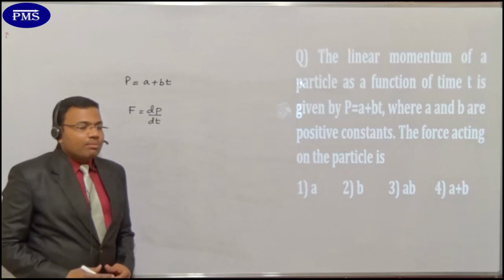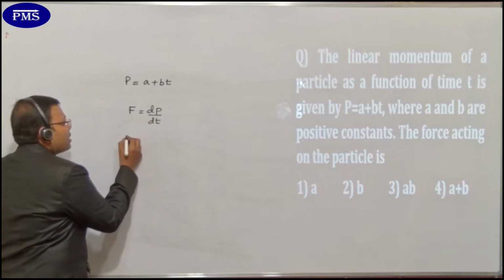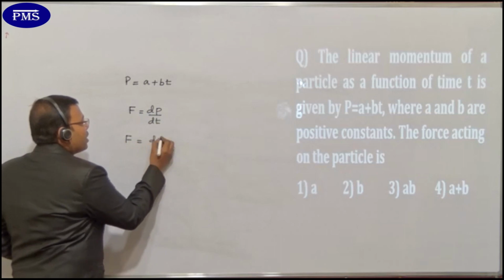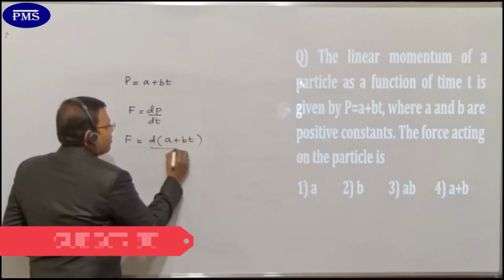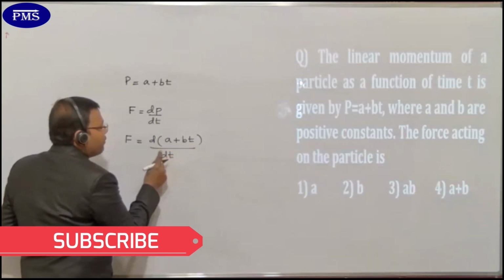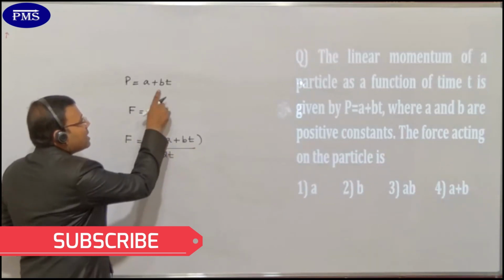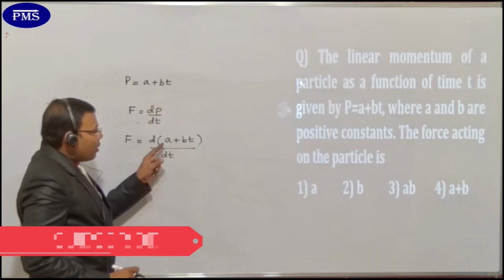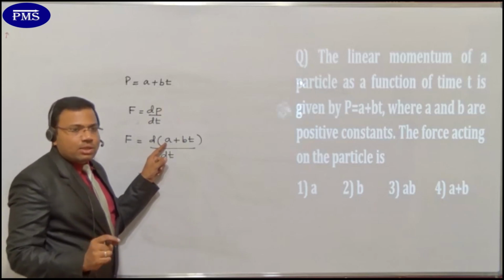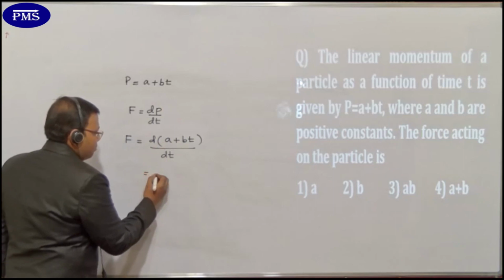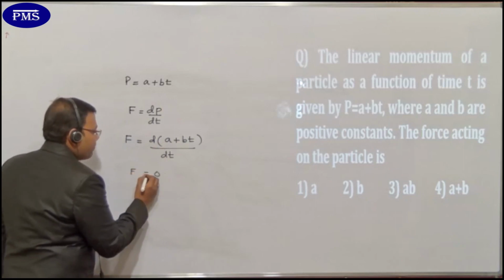So F is equal to d of P, and P is A plus BT as per the question. Now A is a separate constant. Differentiation of any separate constant is 0, so I will write this as 0.